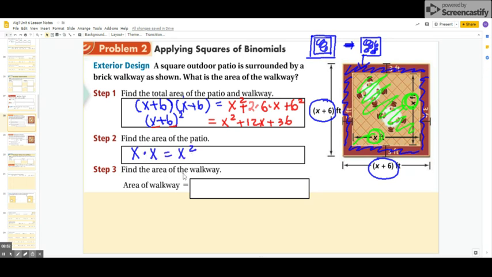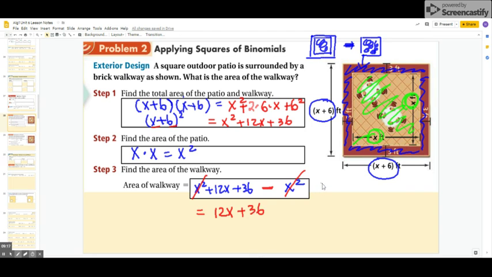So now let's find the area of the walkway. Walkway is the total area minus the area of the patio. So it's going to be x squared plus 12x plus 36 minus x squared. So you see, we practice this a lot. x squared will be canceled out. So the answer is going to be 12x plus 36.